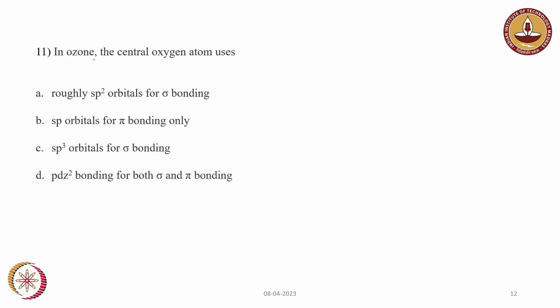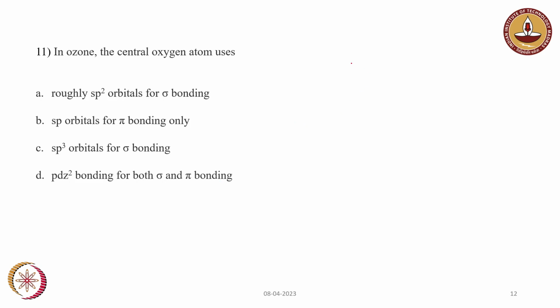Next question: in ozone, the central atom uses option A, roughly sp2 orbitals for sigma bonding. Option B is sp orbitals for pi bonding only. Option C is sp3 orbitals for sigma bonding. And option D is p and d z square orbitals for both sigma and pi bonding.